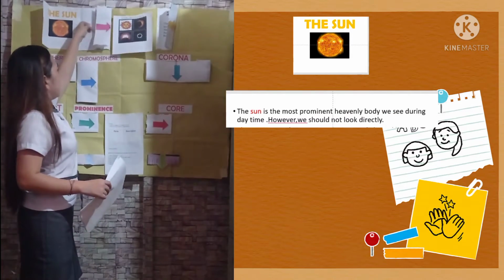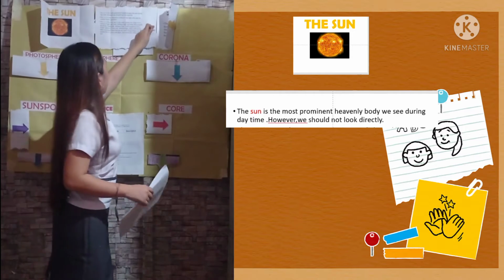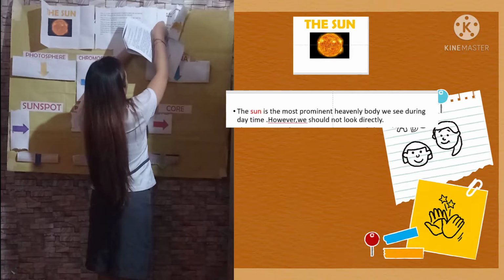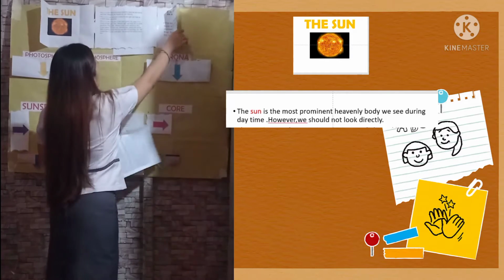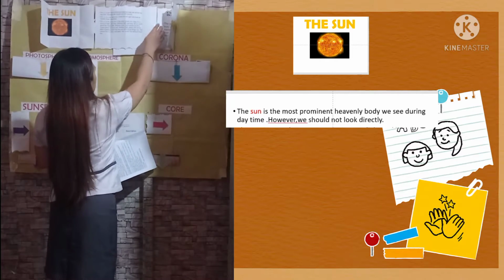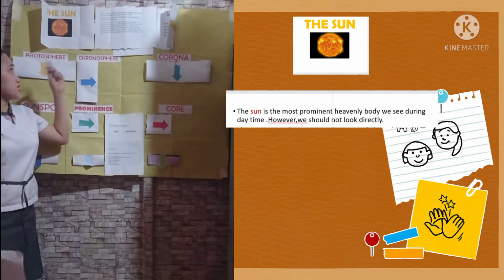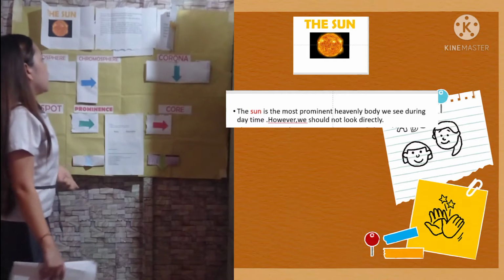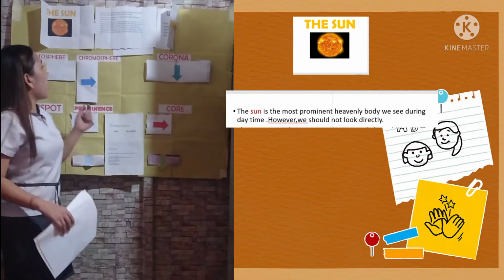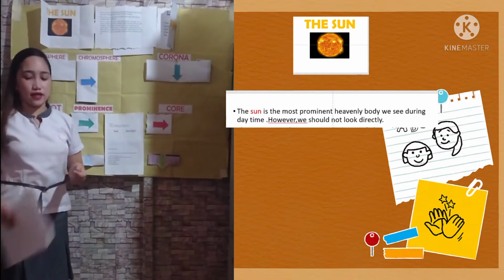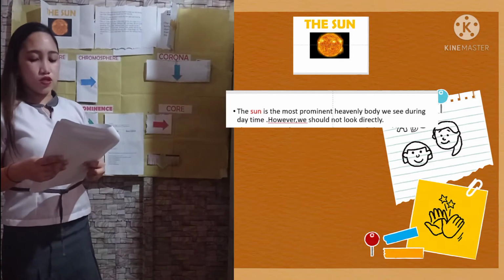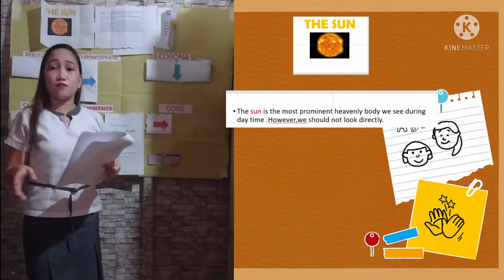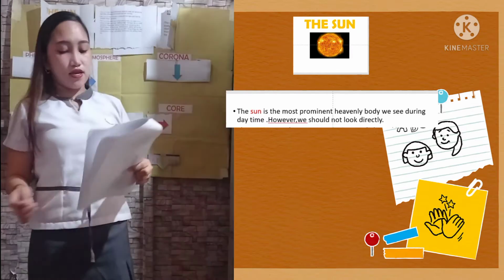The sun is the most prominent heavenly body we see during daytime. However, we should not look directly at it because it is possible to damage our eyes.